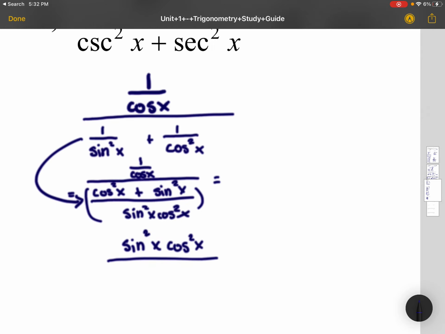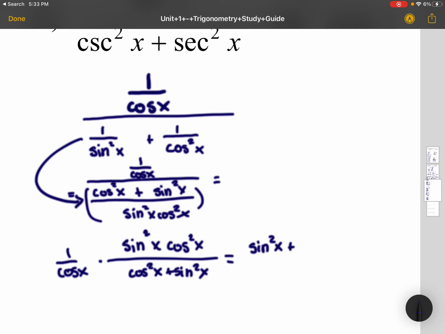So we get sine squared over cosine squared x times cosine squared x plus sine squared x. That's the flip part. And so that still needs to be multiplied by 1 over cosine x. So now sine squared plus cosine squared equals 1.